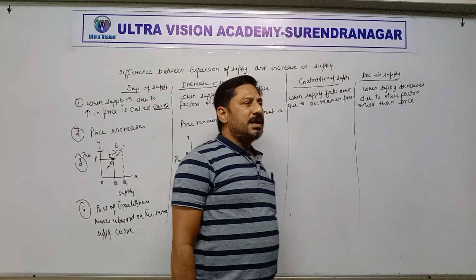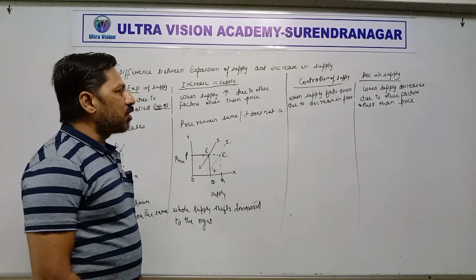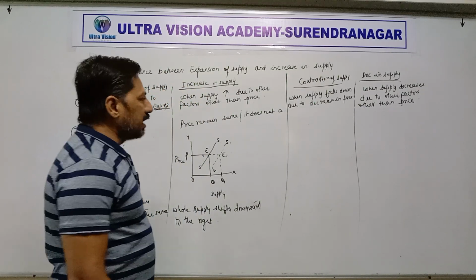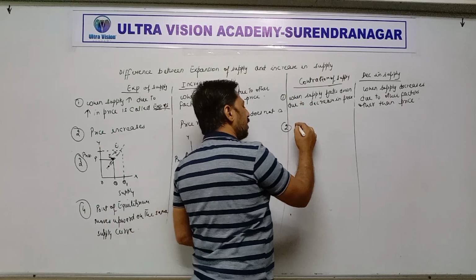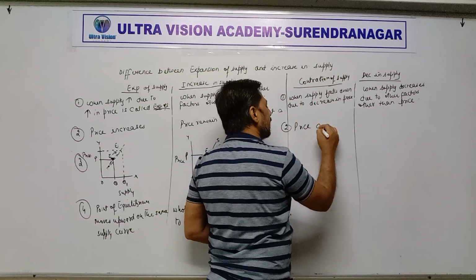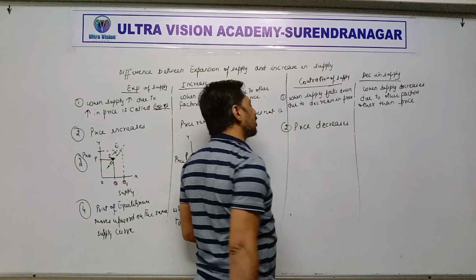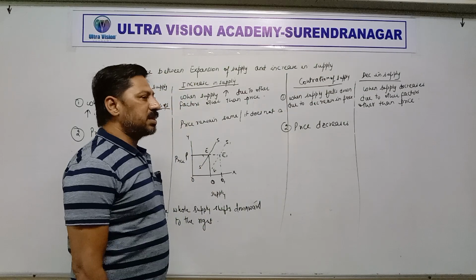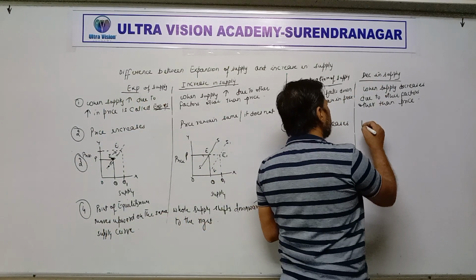Whenever supply decreases due to other factors other than price, then it is called decrease in supply. Second difference, here again the same: in case of contraction of supply, price decreases. In case of decrease in supply, price remains same.